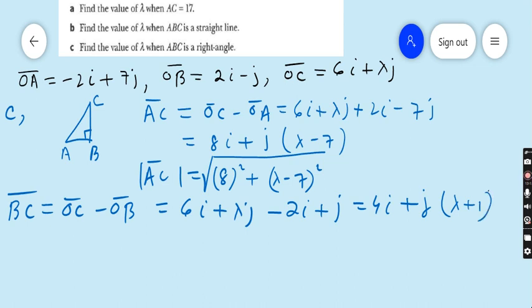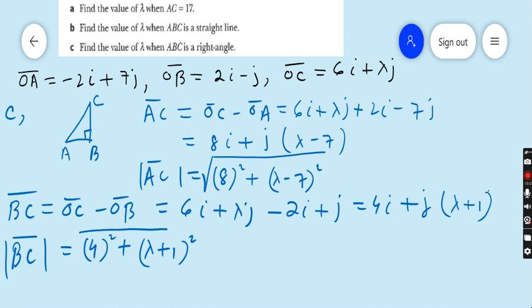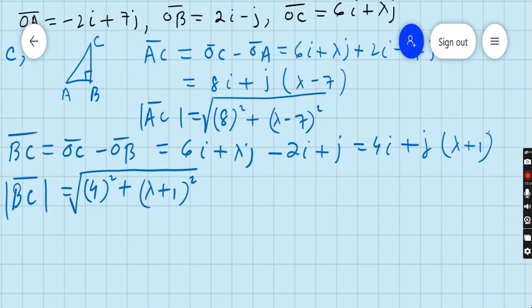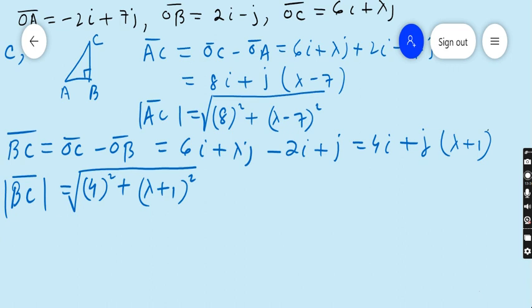So this is vector BC. Therefore the magnitude of BC is the square root of 4 square plus lambda plus 1 square. Now I am going to find out the third vector, that is AB.